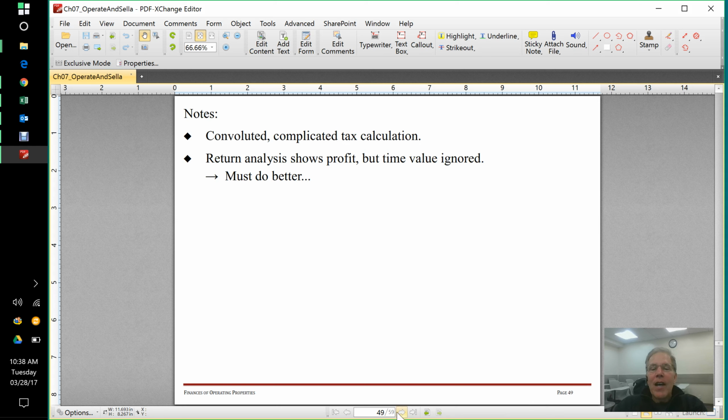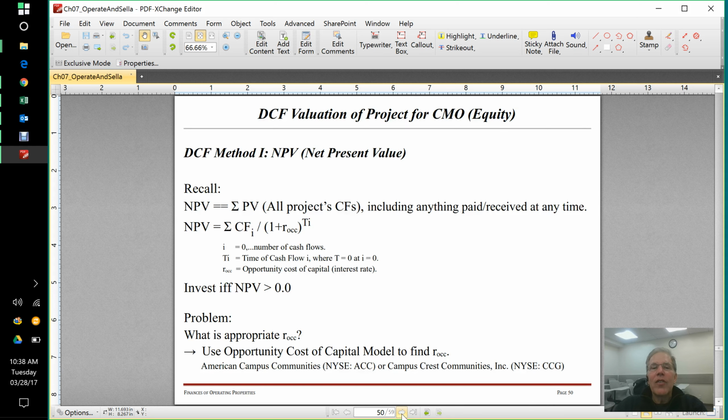Okay, now what we'd like to do is, of course, do better than just return, because time value is very important, especially when you're holding a property for 3, 4, 5, 15, 20 years, right? So the most important method for equity, for sponsors of a project, is NPV, okay?